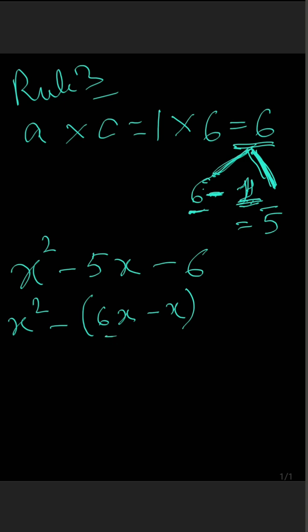If we see, the value of 6x minus x will be equal to this middle term, which is 5x. So there is no change in the given question. We have just transformed the form, writing 5x as 6x minus x. Now we open up the bracket.